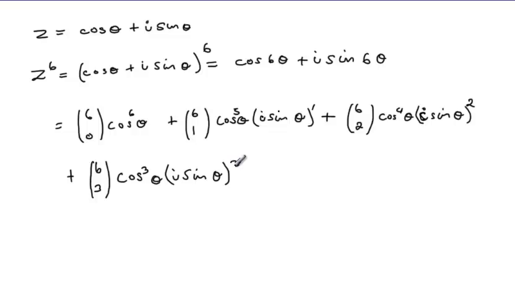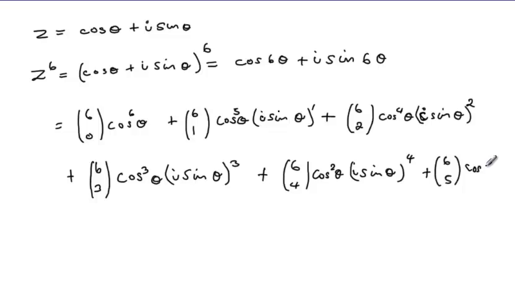Power 3. Okay. Plus 6 choose 4, cosine power 2, I sine theta power 4, plus 6 choose 5, cosine theta, multiply, allow me to be untidy here, I sine theta power 5.